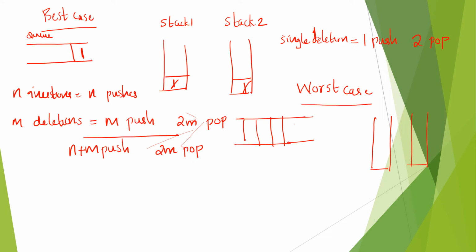When I insert 1, I will push 1 to the stack S1. Then I insert 2, then 3, then 4 is inserted. That means in the worst case, for each insertion I need a single push. So n insertions require n pushes.